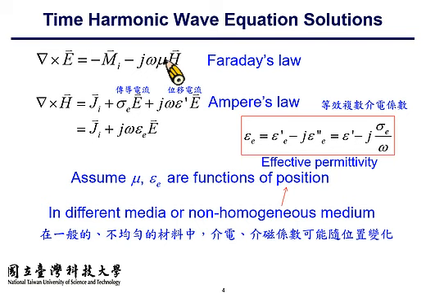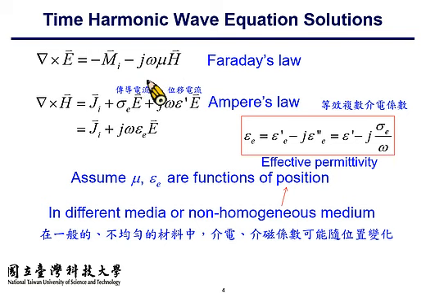On the right-hand side, on top of the time derivative of magnetic field H, you also have an additional source, that is the magnetic current. So you have minus Mi minus j omega mu H.